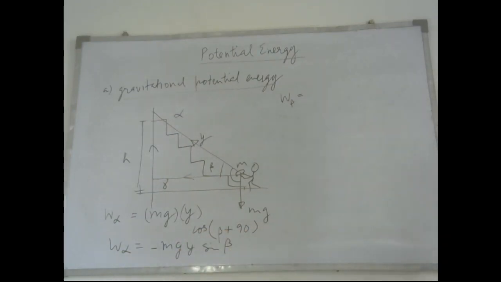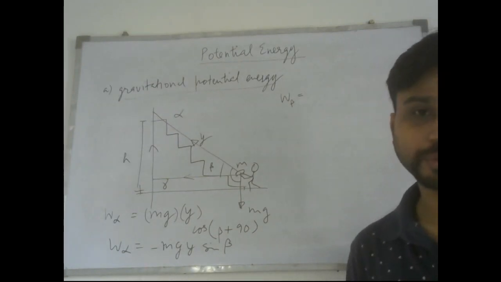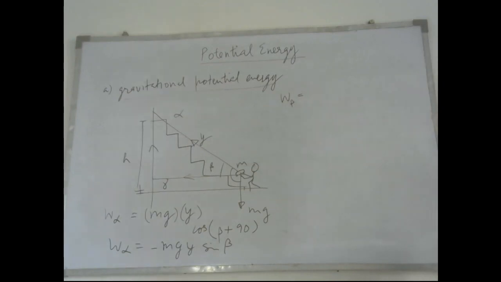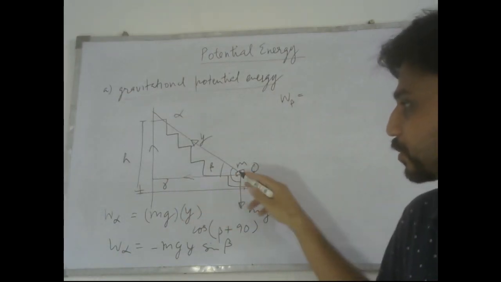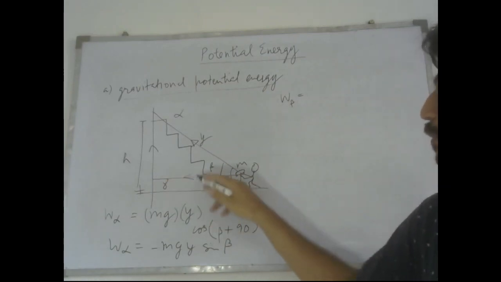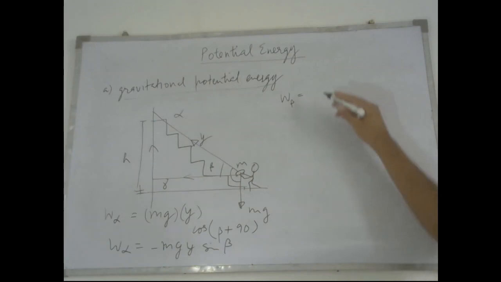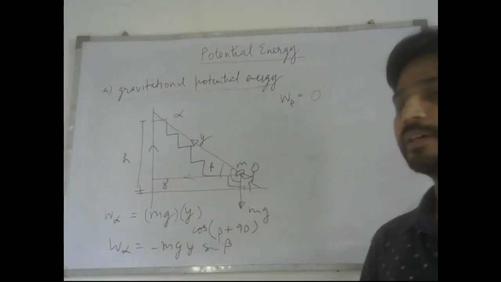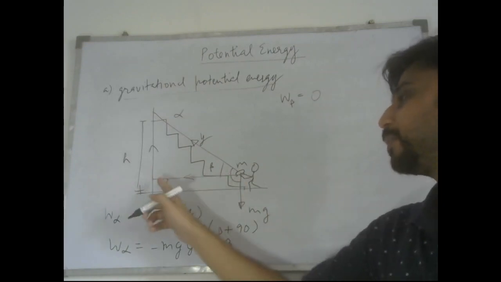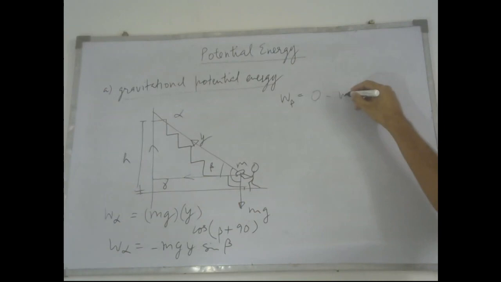Now the work done in the gamma case: the mass m is traveling along the horizontal while the gravitational force acting on it is vertical. That means the work done by gravity in that part of the path is 0, and all the work done by gravity is when it is being lifted up. So that is minus mgh.